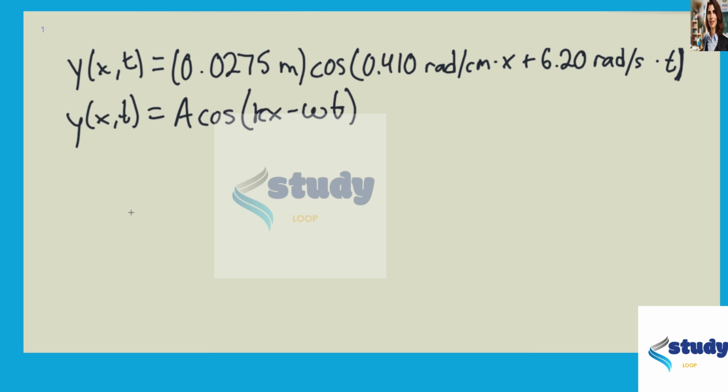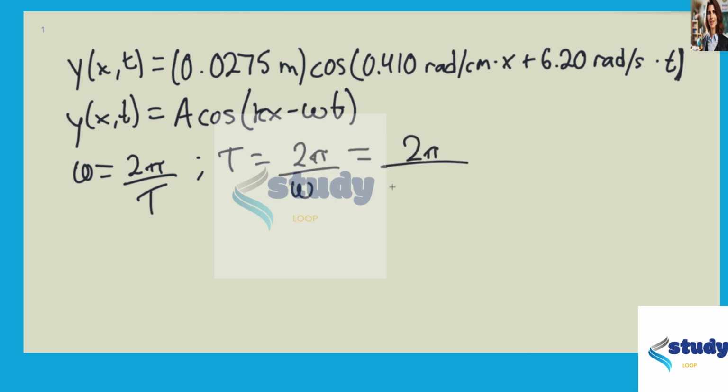The time to complete one wave pattern is called the period. So we can say that omega is going to be equal to 2 pi over T, where T is the period, the time for one complete wave pattern to pass the fisherman. We simply need to solve for T, and this is going to be 2 pi divided by 6.2 radians per second.